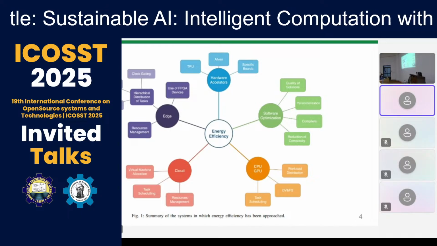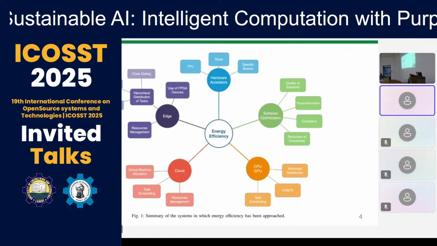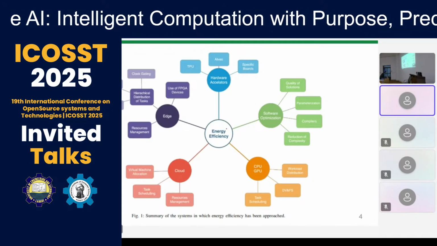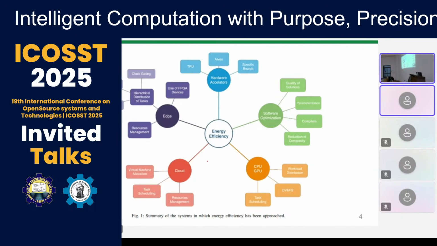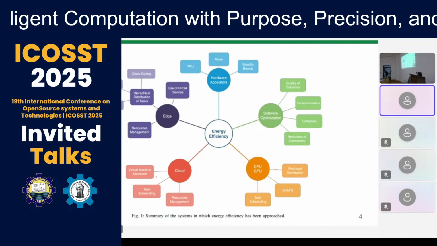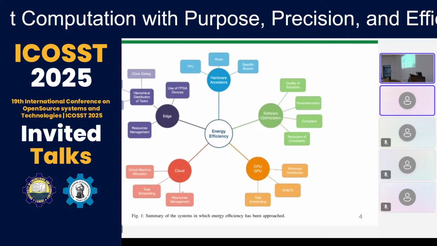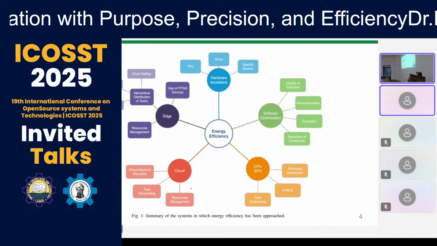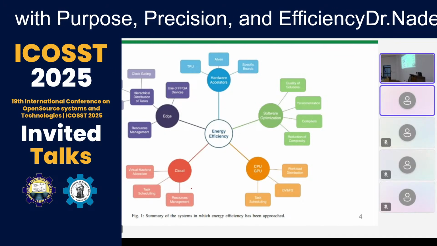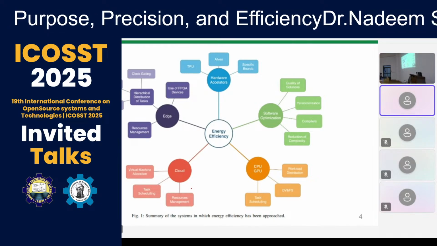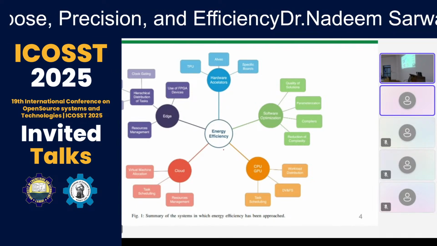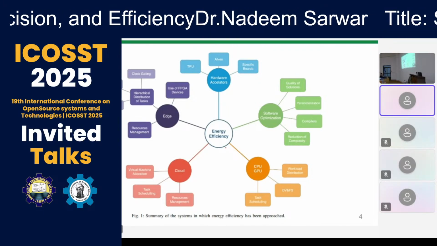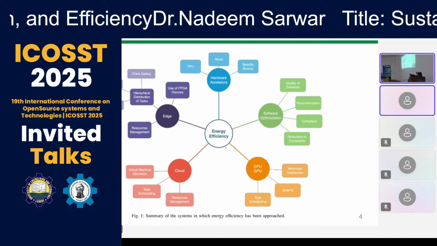Software optimization, quality of solutions, compilers, and reduction of complexity are also related to the field of energy efficiency. In the field of cloud, virtual machines, task scheduling, and resource management are also part of the energy efficiency research theme. For GPUs and CPUs, where we use many task scheduling software and workload distributions, efficient energy consumption is also required. This is the summary of the systems in which energy efficiency has been approached.